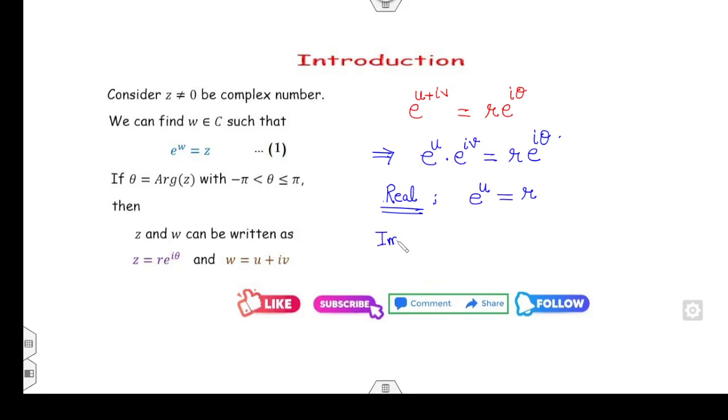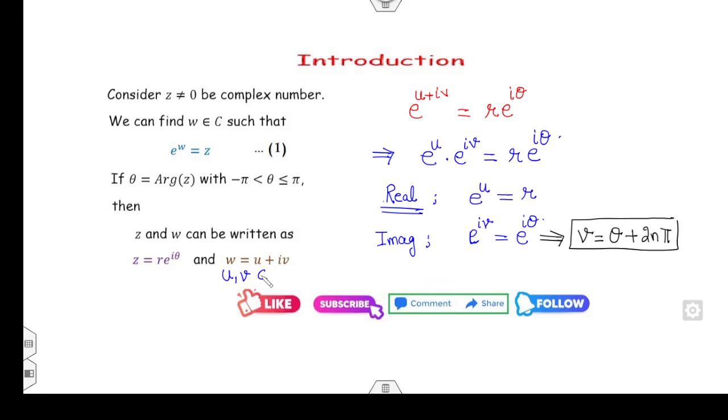The imaginary component is e raised to power iota v is e raised to power iota theta. Because we all know exponential is a periodic function, I can write v is equal to theta plus 2n pi. Clear?